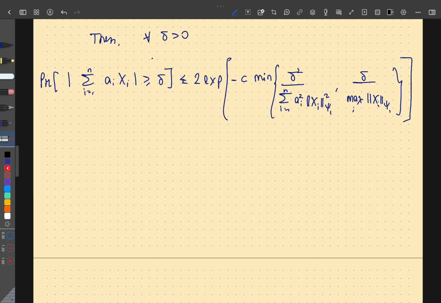Basically for very small delta, this term will dominate. For large delta, this term dominates.